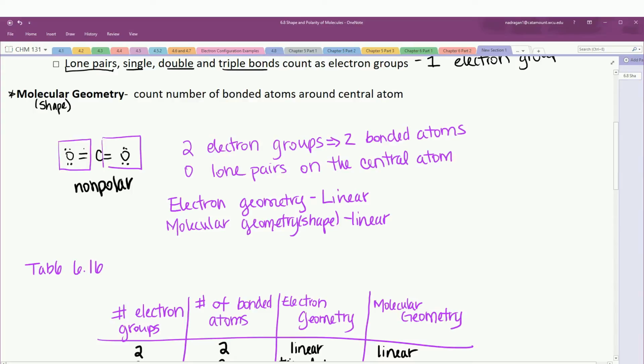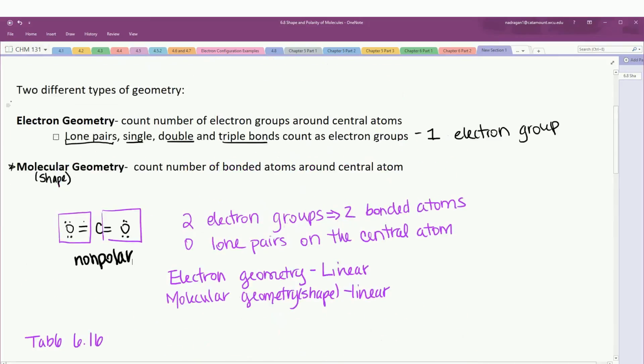Alright, so for molecular geometry and electron geometry, you need to draw the Lewis structure and then look at the number of electron groups and the number of bonded atoms. And remember, electron groups are lone pairs, single, double, and triple bonds. They all count as one electron group.